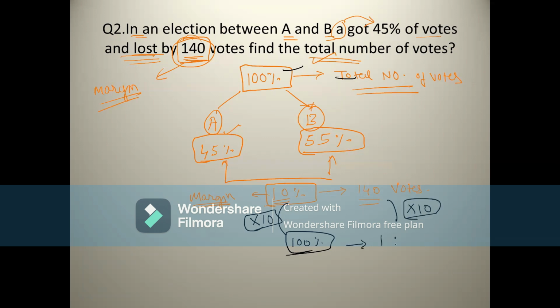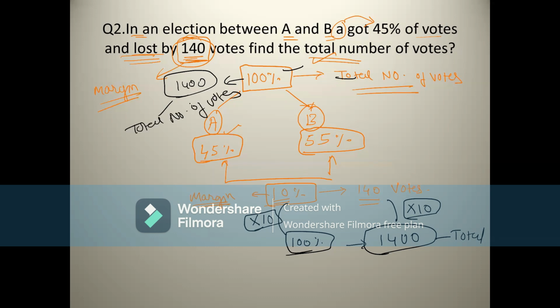What will I get? I will get 1400. So my total number of votes will be 1400. Are you getting my point? Yes.